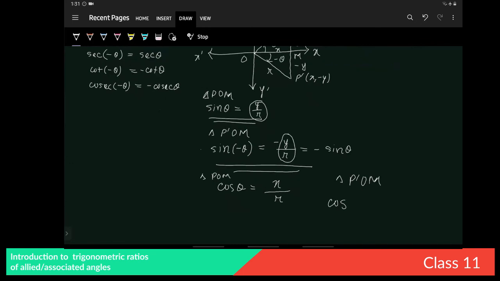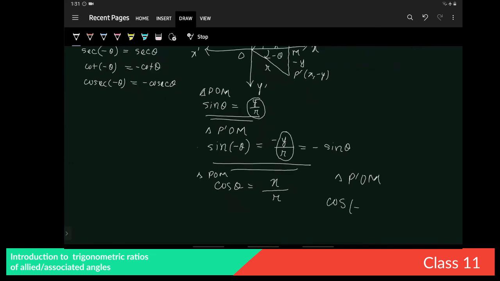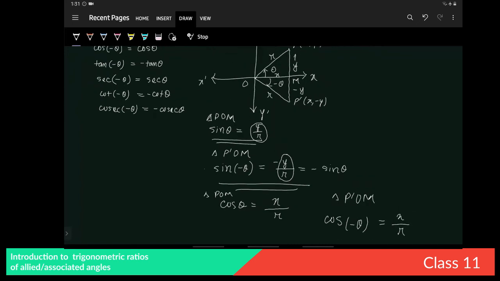So cos of minus theta will be what? It will also be x by r, because it is the base by hypotenuse ratio.